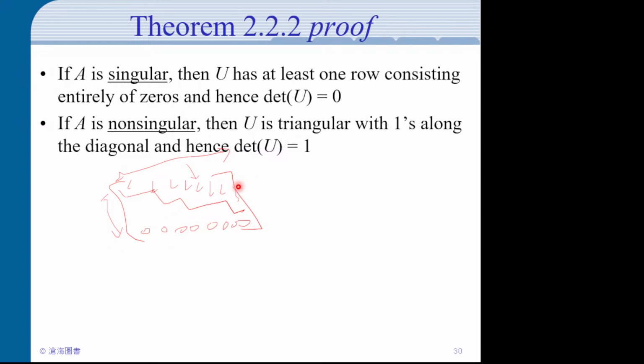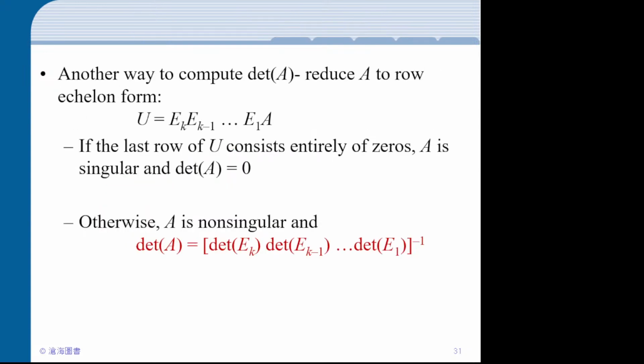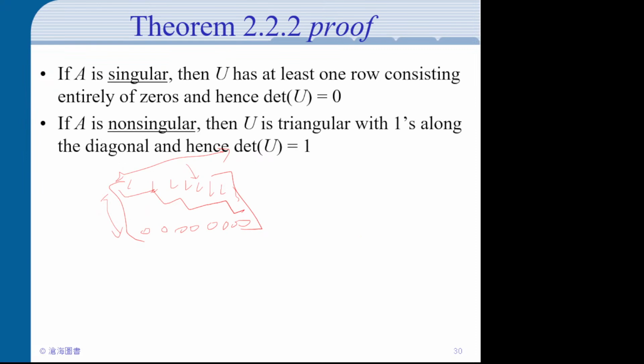Otherwise, if A is non-singular, then you know you are not skipping any variable, and you reduce the original matrix to a form like this.